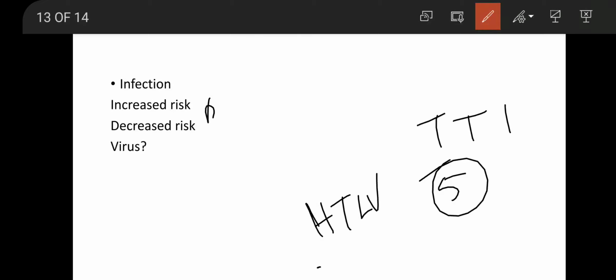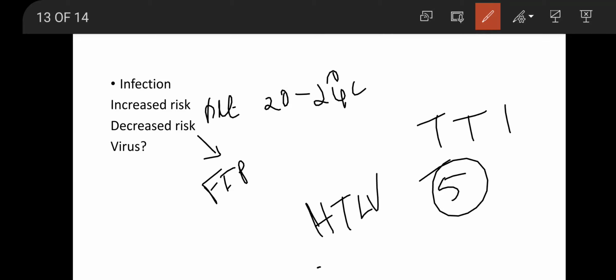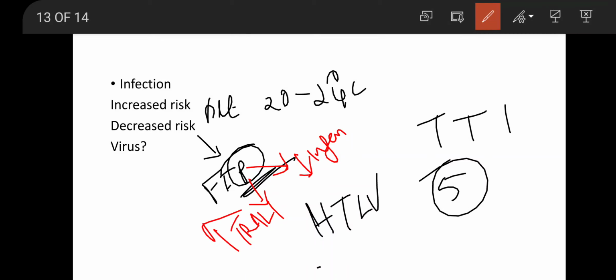Why? Because platelets are stored at room temperature, 20 to 24 degrees Celsius. The decreased risk is with fresh frozen plasma. Why? Because it is just plasma. We know plasma has antibodies, so it is causing TRALI, but the infection risk is low. Okay, that's about this topic.